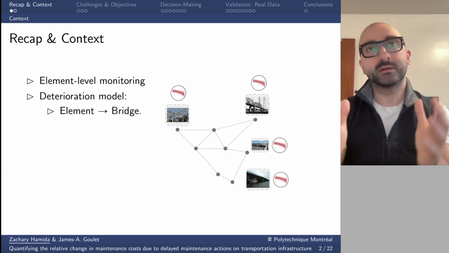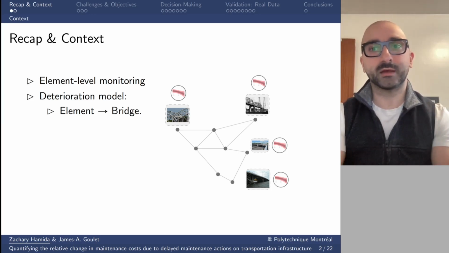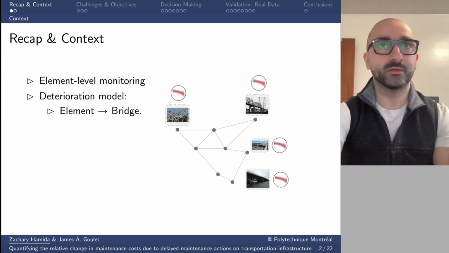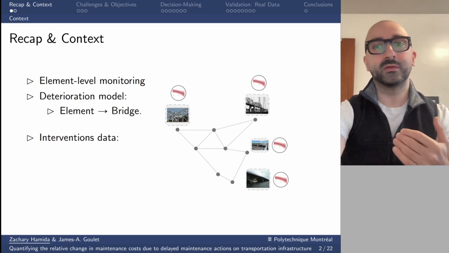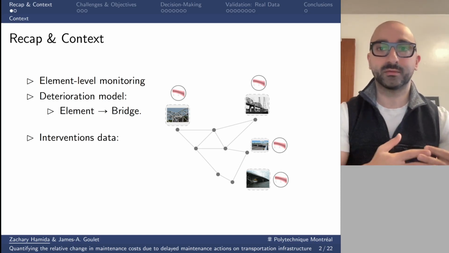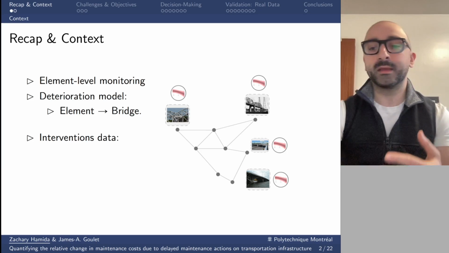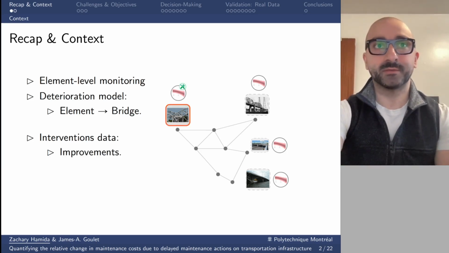Now, this deterioration model that's based on visual inspections can provide foundations for decision making. However, we still need to know what kind of repairs could be performed, and more importantly, the effect of these repairs.